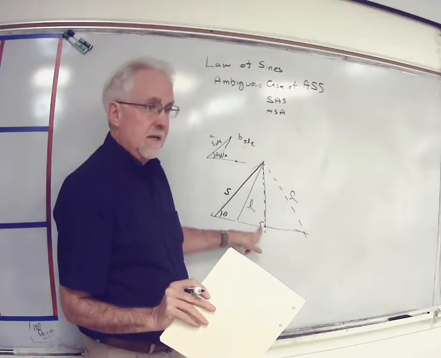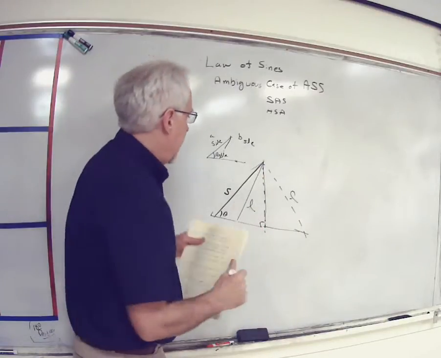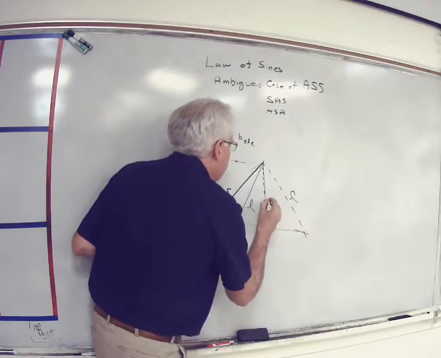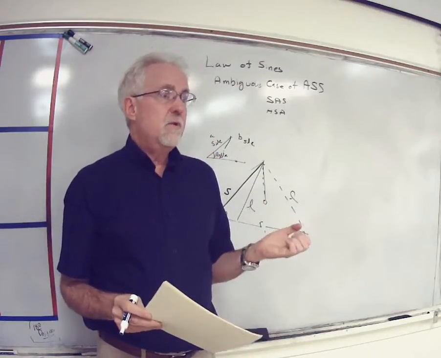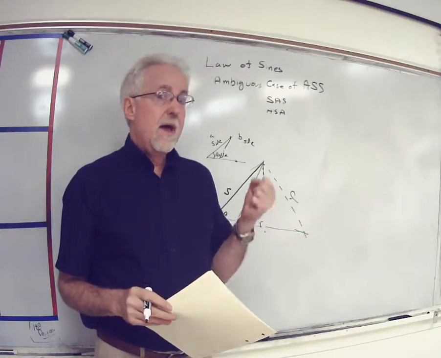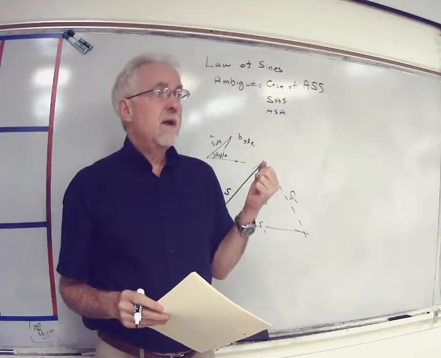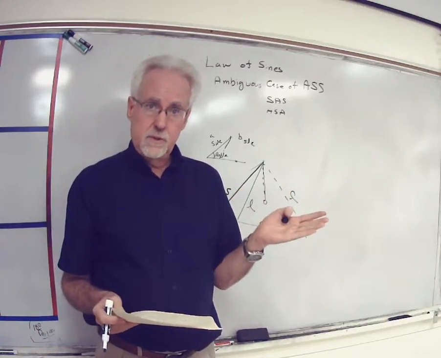If it exactly makes a right angle, I would have 1 solution. And what's the other one? That's too short. If it's too short, I have how many triangles? None. So you've got to figure out, am I going to have 1 solution exactly? Am I going to have 2 solutions? Or am I going to have no solutions?